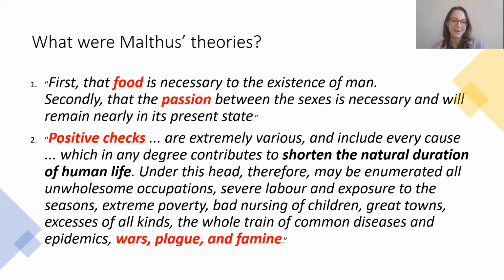So not these sort of gloomy scenarios, but more so things like family planning, what he called moral restraint, which we can assume meant something along the lines of sexual abstinence. So this was his idea around positive checks, that we needed those checks to make sure that we keep the population in balance, that it doesn't go overboard.